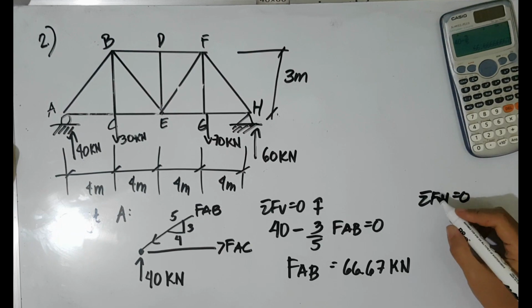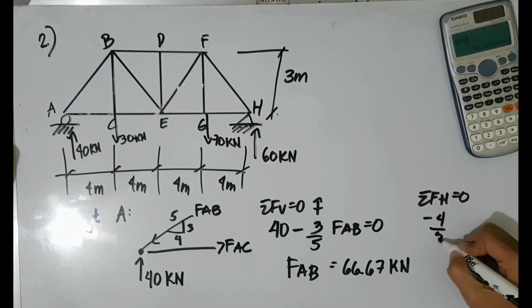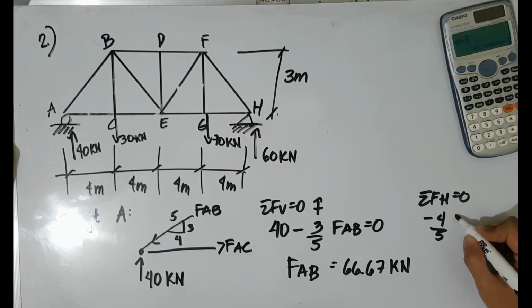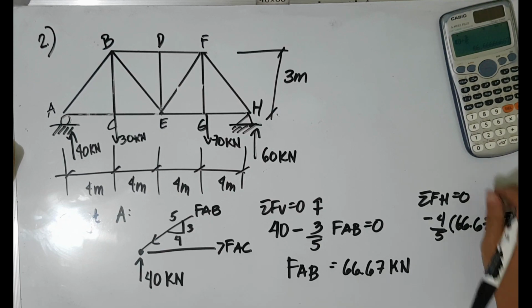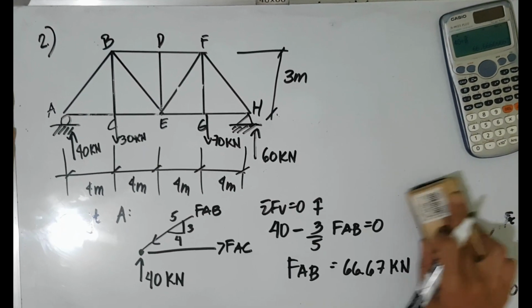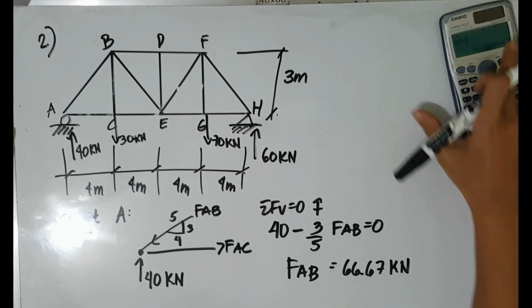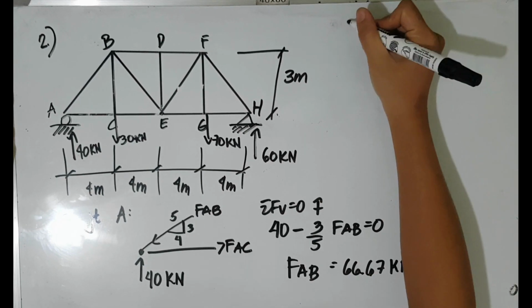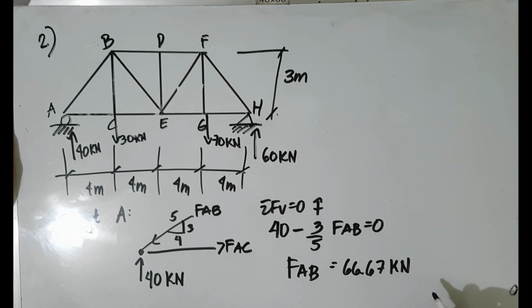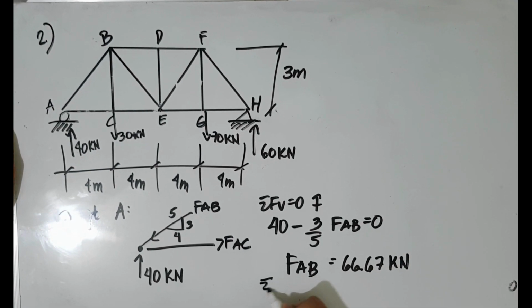And then we will take the summation of the forces horizontal equal to 0. So negative 4 over 5 of 66.67 plus our force AC, our assumed tensile load AC. So I'll just write here below.